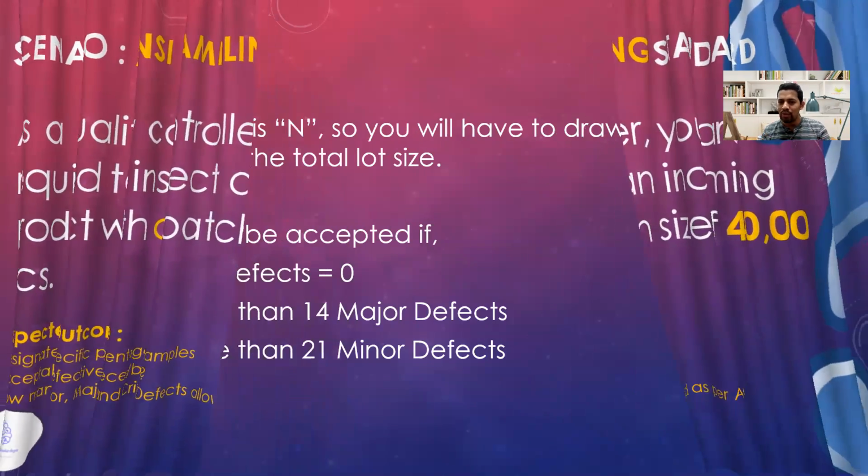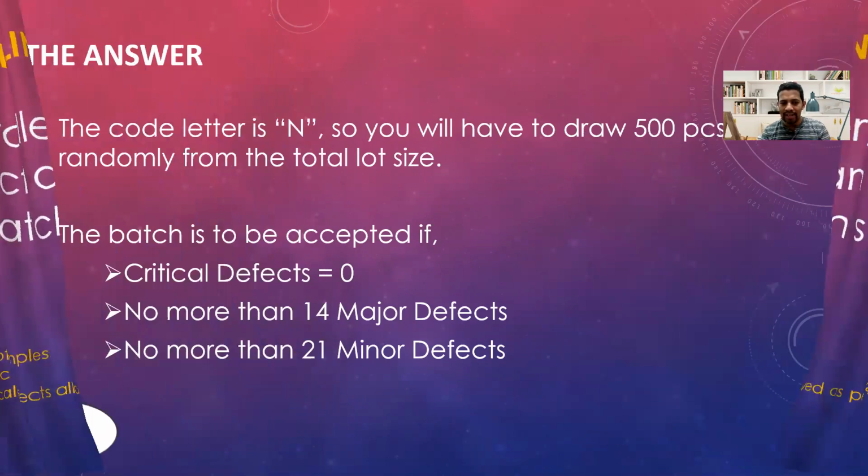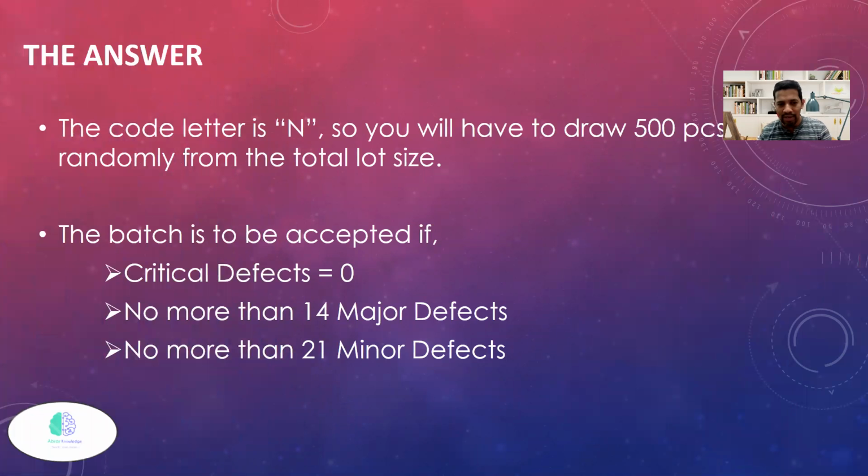The answer was 500, with three other conditions to be met: critical defects should be 0, no more than 14 major defects, and no more than 21 minor defects.